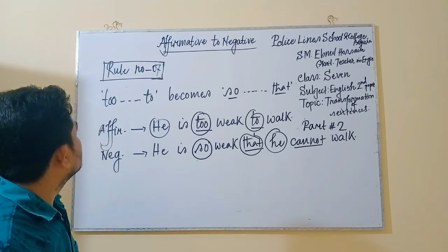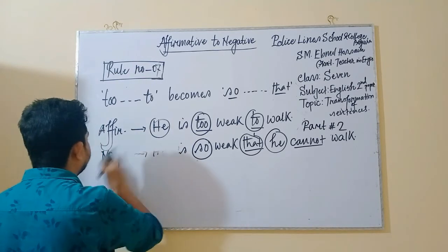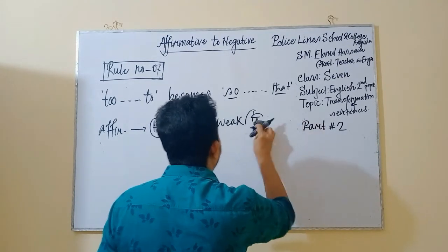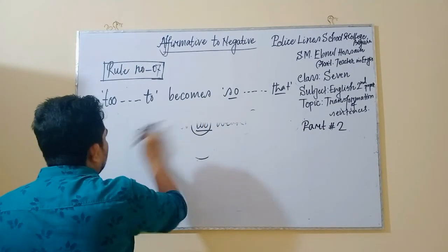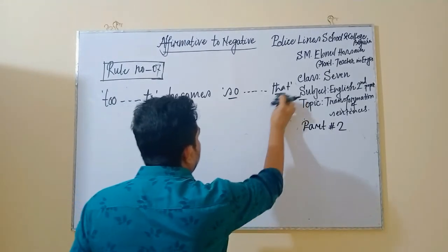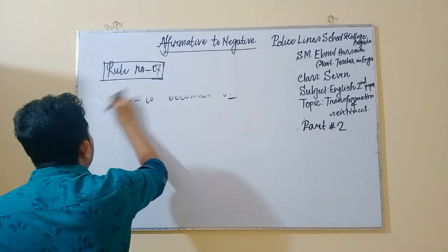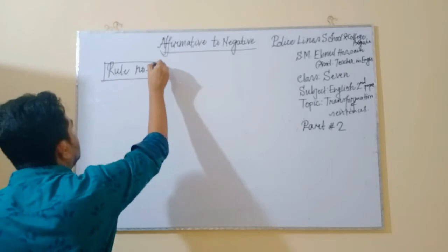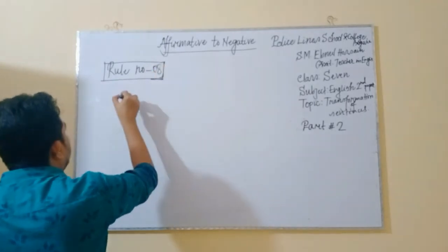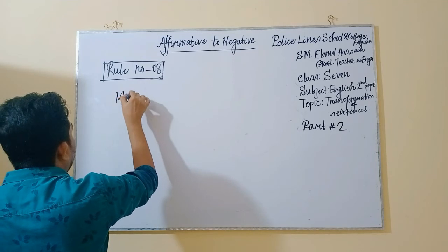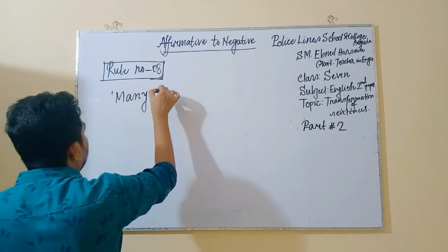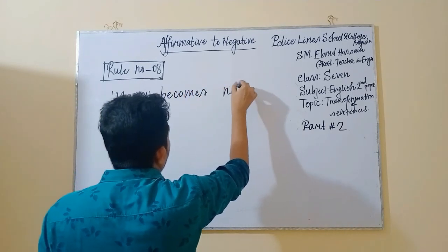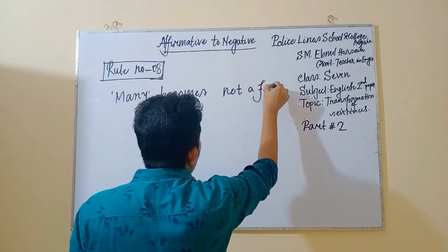Now I am going to rule number 8. Rule number 8: the word "many" becomes "not a few".